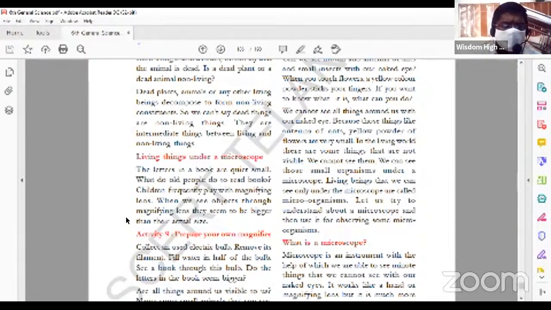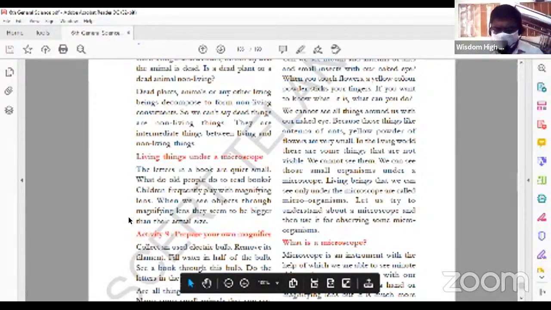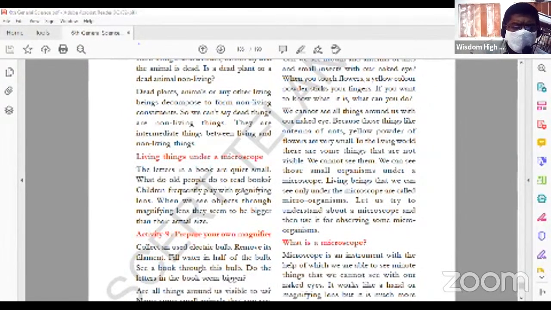Today we have to discuss this. By using a magnifying lens, not glass, see, the letters in a book are quite small. What do old people do to read books? Children frequently play with magnifying lenses.